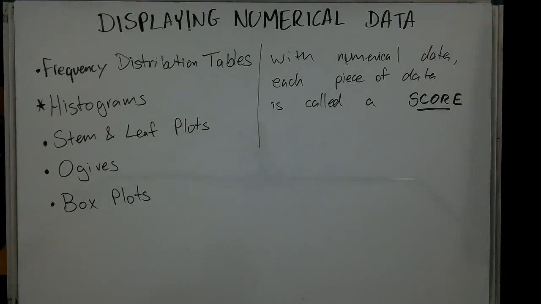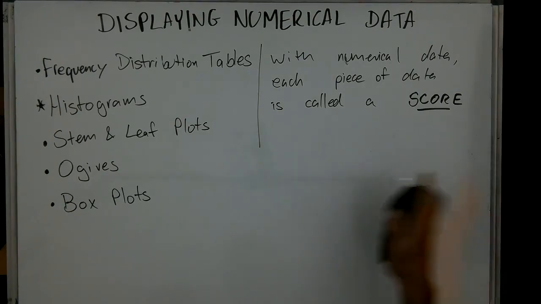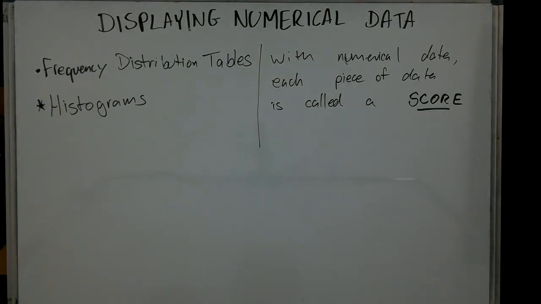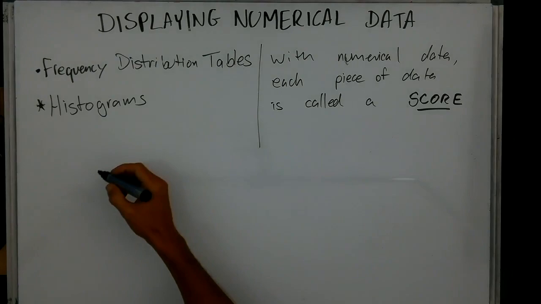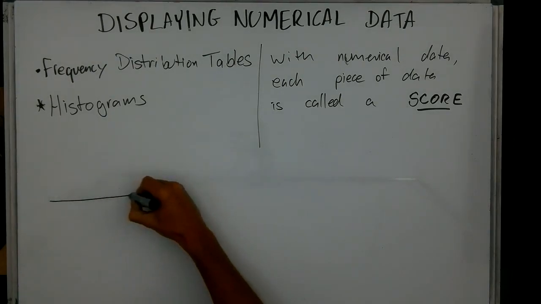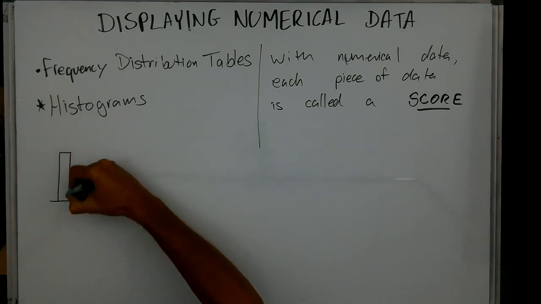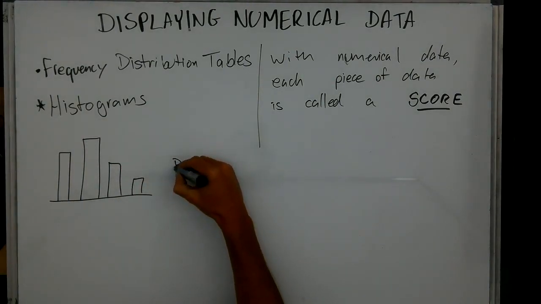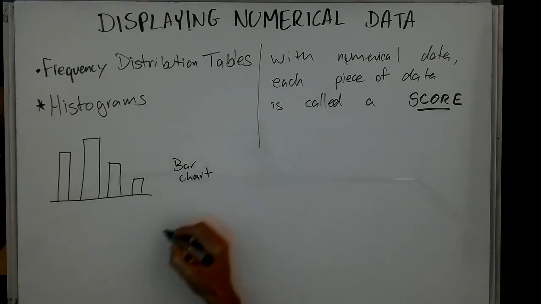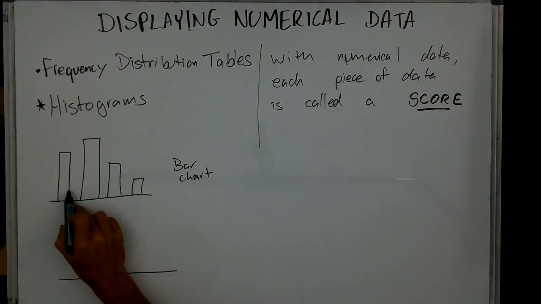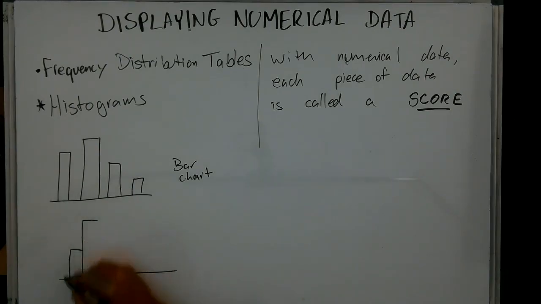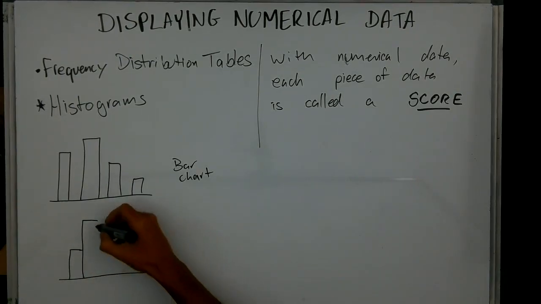Okay, so let's talk about histograms. A histogram is very much like a bar chart that we dealt with for categorical data, except where our bar chart had separate bars, and I made a point of explaining that, a histogram has each bar connected because we are essentially measuring numbers along a scale.